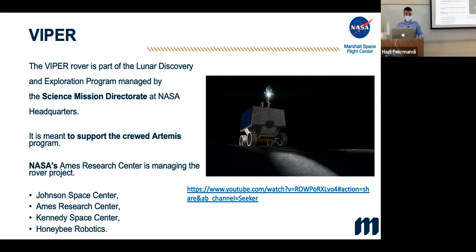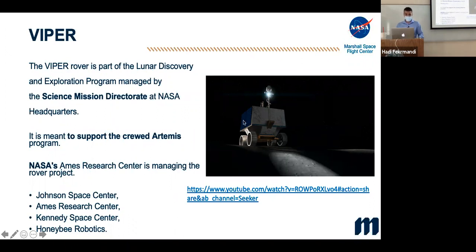But based on my knowledge, VIPER is a rover for the Moon that has been in development, led, interestingly, by the Science Mission Directorate of NASA headquarters, and it is part of the support for the Artemis program. One of the ideas is that the robots are going to go before the astronauts and be sure that there's a level of preparation.